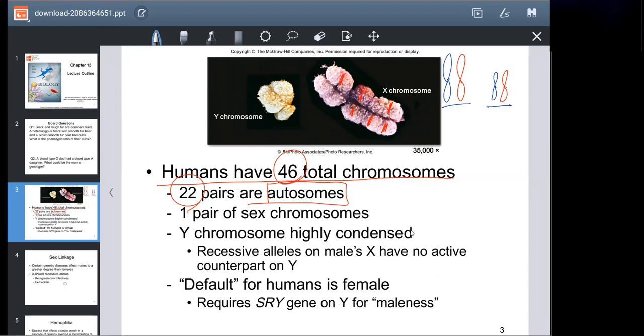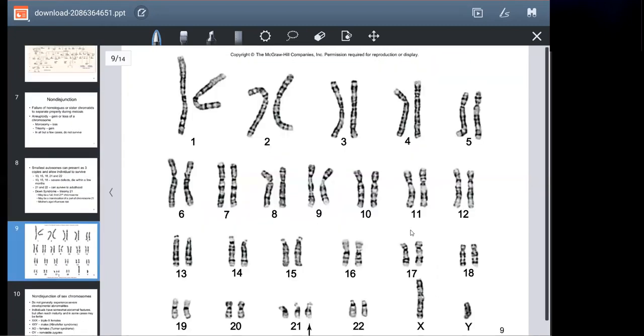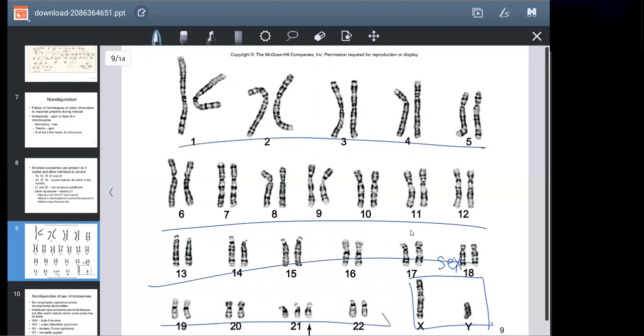I'm going to jump forward so you can see. Here's your view. You have 2 chromosome 1, 2 chromosome 2, 2 chromosome 3, 2 chromosome 4, and so on. But in the end, there's something interesting. You have something called the sex chromosomes. You have 22 pairs of autosomes, but one pair of what we call sex chromosomes that determines your sex.